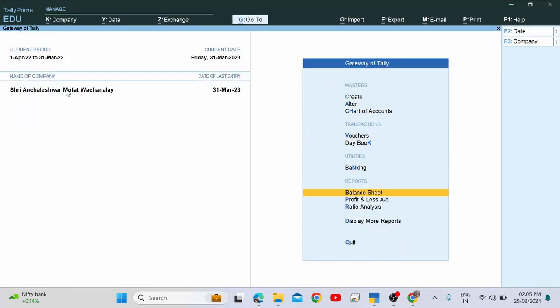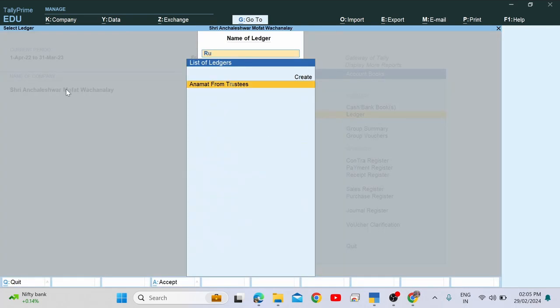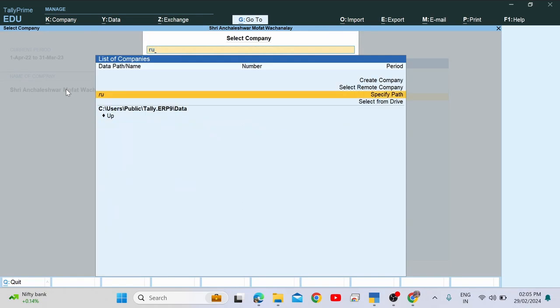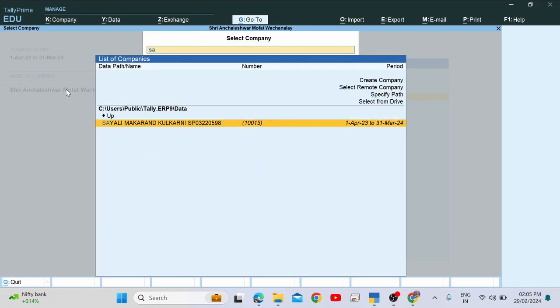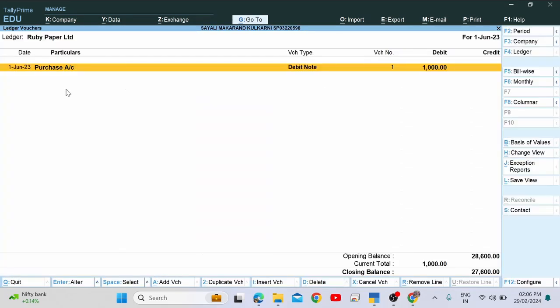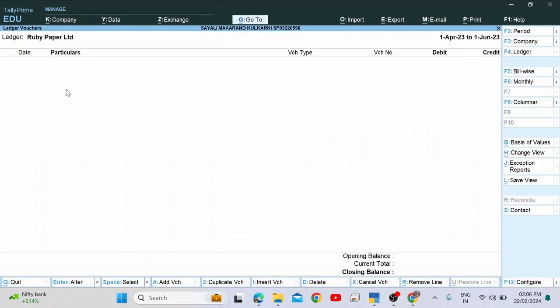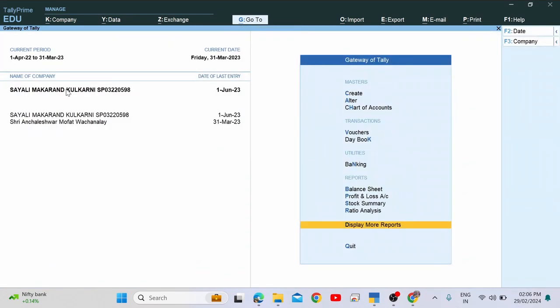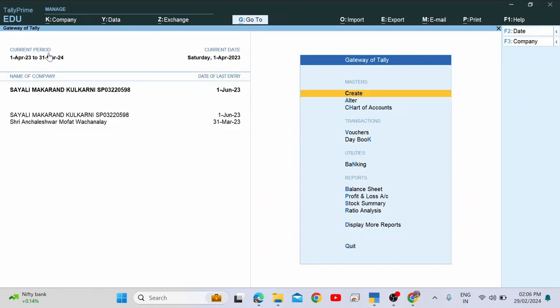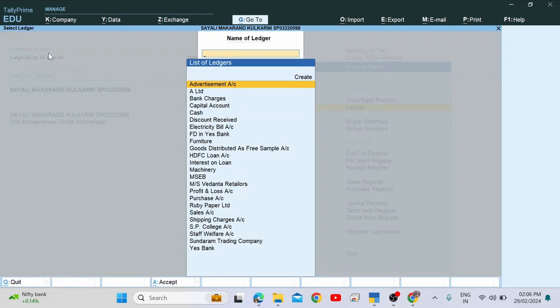This is simple, but you can check obviously. Ruby, and then here if you check, no need for you to open another company.